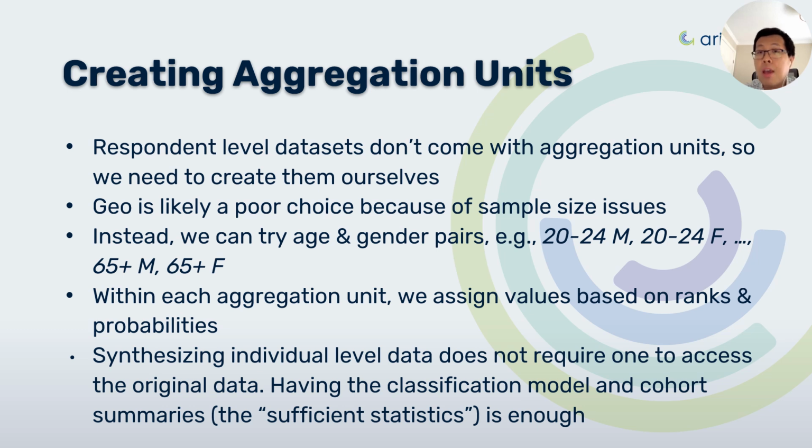So for example, among all 20 to 24-year-old males, if we found that in our original data, let's say 10% of them plan to make business trips, then within our synthetic population data set of all the 20 to 24-year-old males we generate, we need to make sure the top 10% get values assigned to be likely to take a business trip next year.